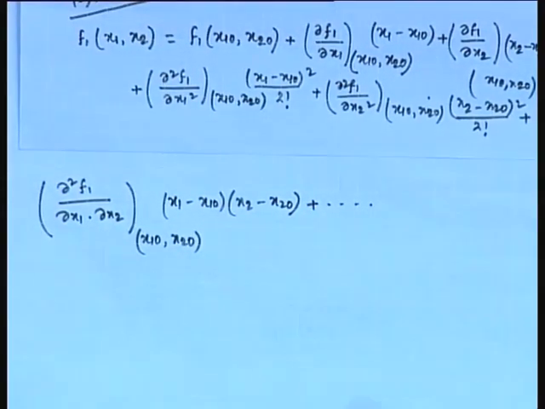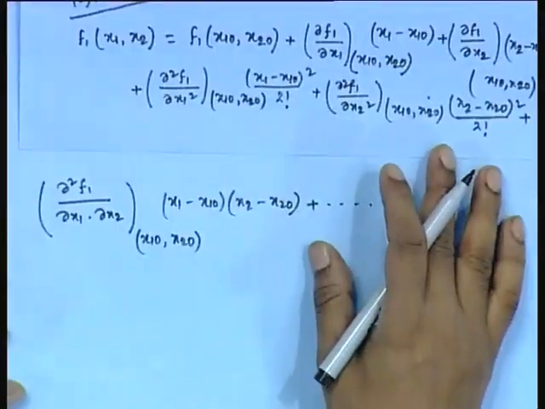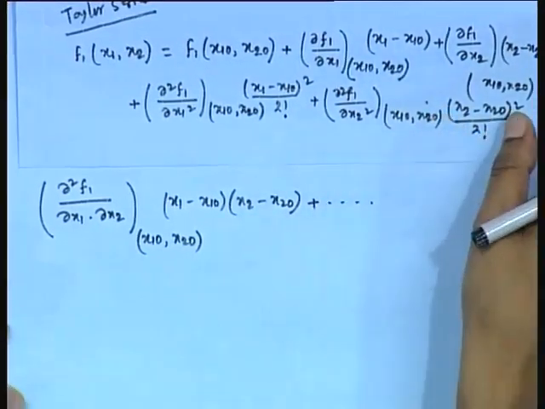So, this is the linearized form according to the Taylor series expansion of the nonlinear function f1. A similar expression we will get for the second function f2, so I am not writing that.